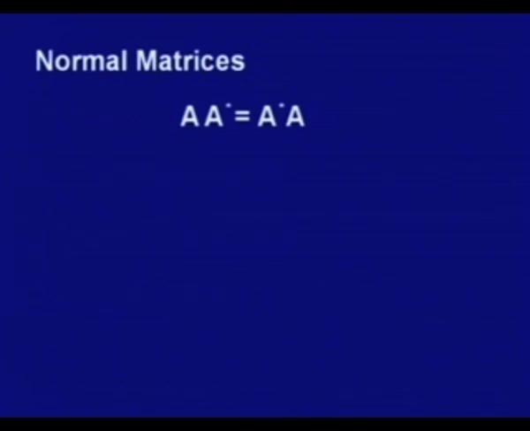Now, if A A star becomes the identity, it becomes a unitary matrix. If A becomes real, then it becomes an orthogonal matrix. So, basically normal matrices are the generalization of orthogonal matrices and unitary matrices.